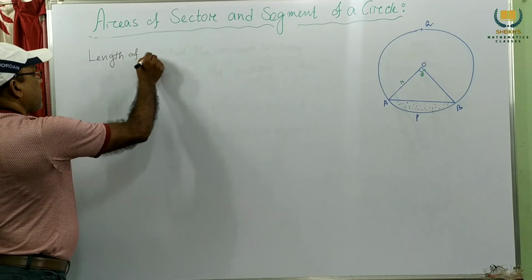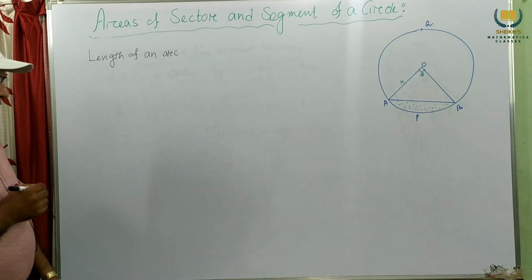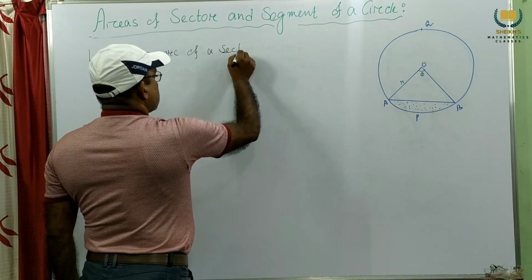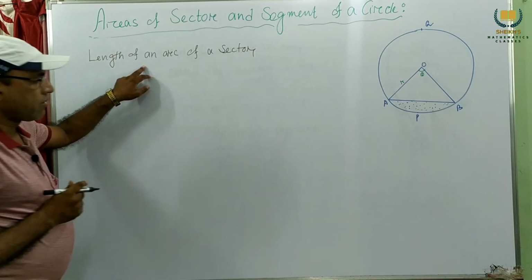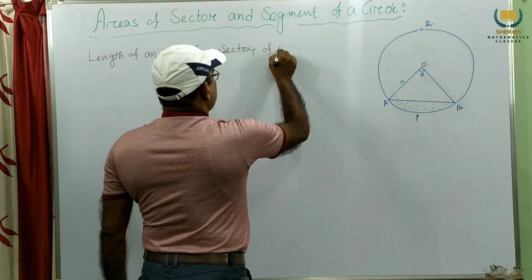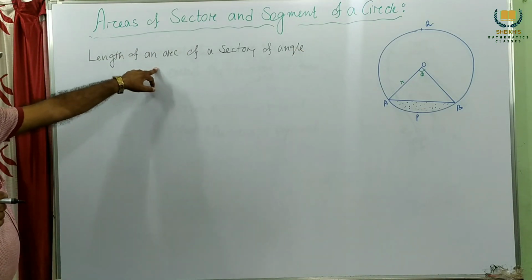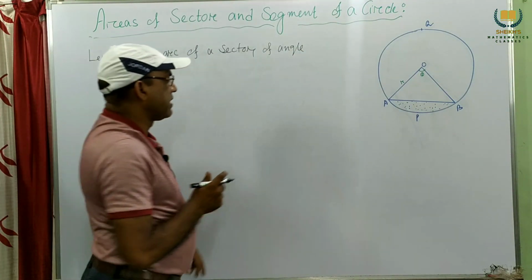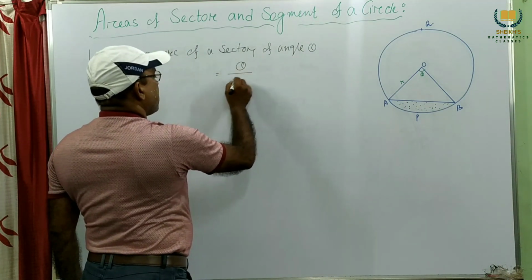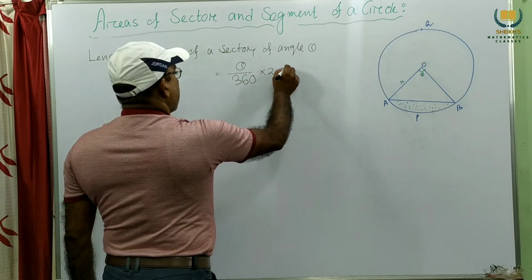Length of an arc of a sector of angle theta equals theta by 360 into twice pi r.